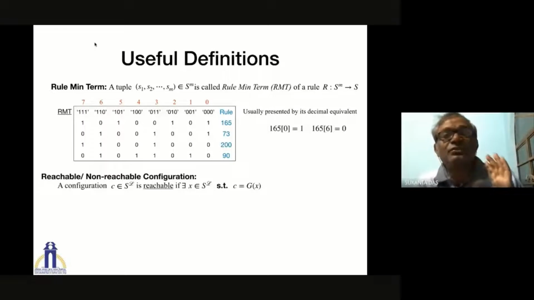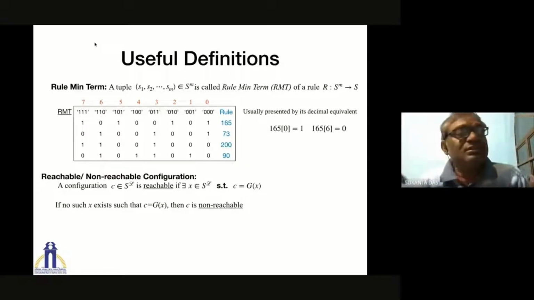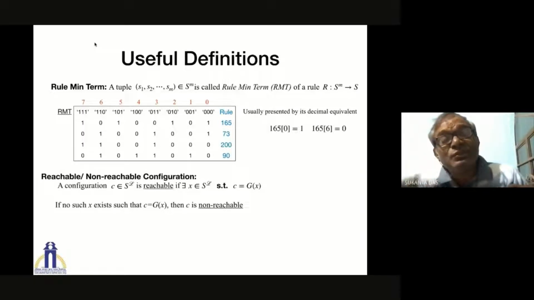So this is the definition of reachable configuration. Now obviously, if no such X exists, then C is called a non-reachable configuration. We use these two names, reachable and non-reachable configurations, while we define reachability.